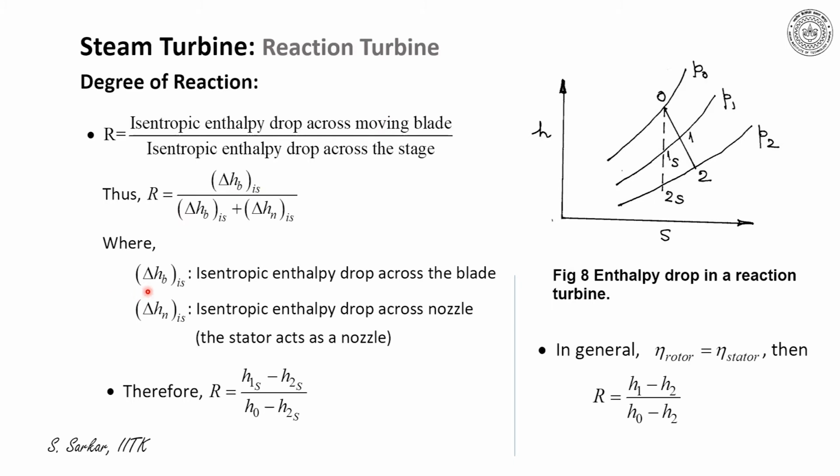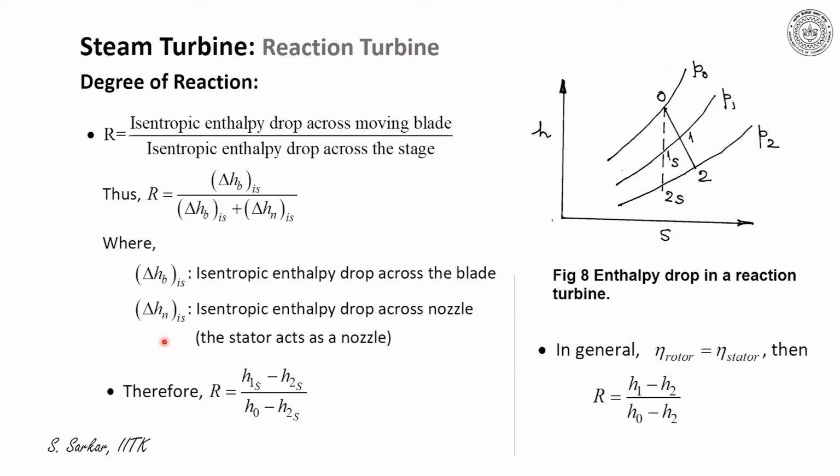Thus, delta H_B isentropic represents the isentropic enthalpy drop across the blade, divided by delta H_B isentropic plus delta H_N isentropic. Delta H_N isentropic indicates the isentropic enthalpy drop across the stator or the nozzle. Here, the stator acts as a nozzle.